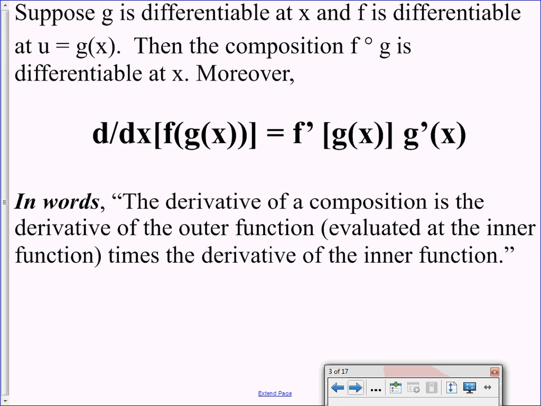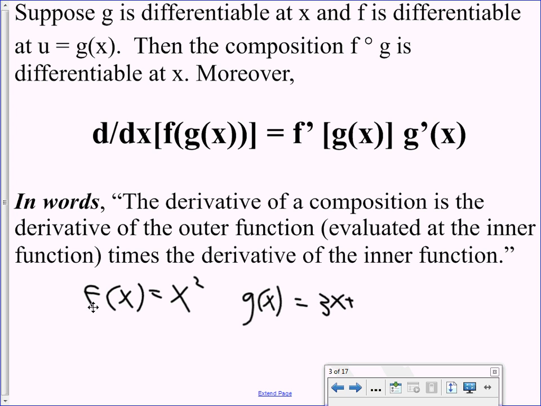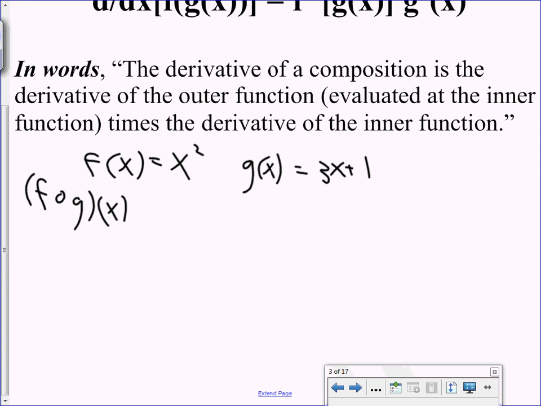What the chain rule says is that whenever you want to take the derivative of a composition of functions, you may remember, some people like to say fog and gof. If you have f of x equals x squared, and you have g of x equals 3x plus 1, the composition f following g of x can be written as f of g of x.